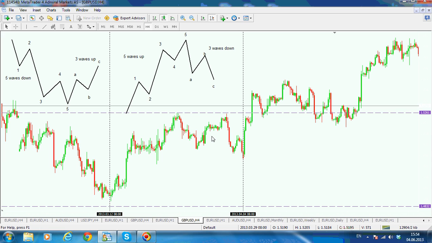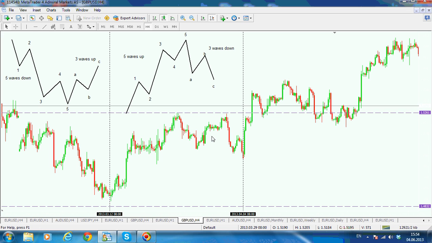I mean, you look at different scenarios, you check the rules for an impulsive move, for example, for a leading diagonal or for an ending diagonal, and if the rules are not respected, then you just eliminate that scenario, until you are being left with the one that is the proper one.